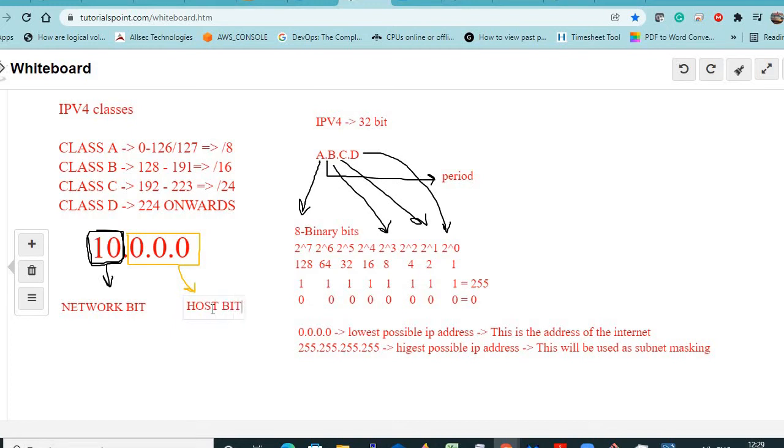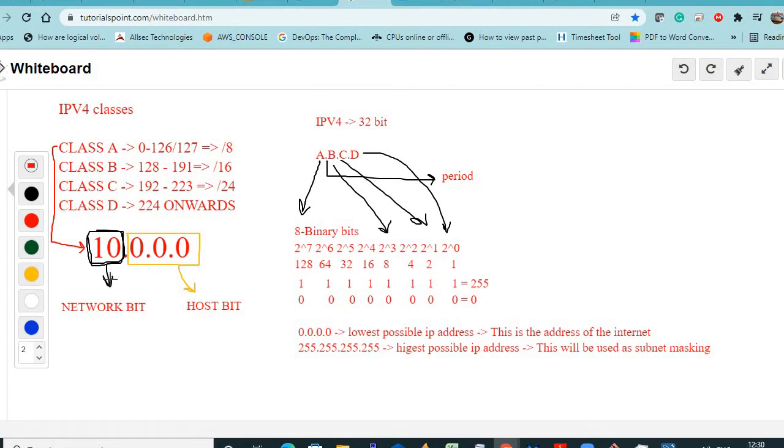Host bit. So this is for class A. Whatever I am explaining is for class A. Network bit, and these are all host bits.